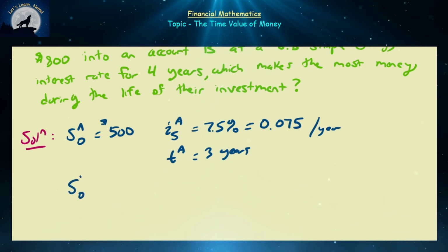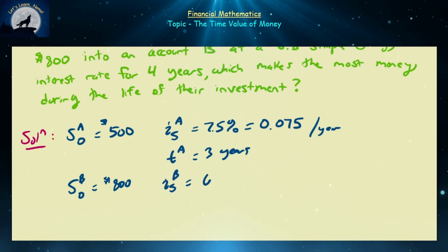And the amount of investment into account B was equal to $800. So of course a little bit more upfront investment. And the simple interest rate for account B was equal to 6.8%. So it's less than A, so it's not going to make as much money as fast, but we are investing a little bit more money into it, and we're also going to be investing it for a longer period of time.